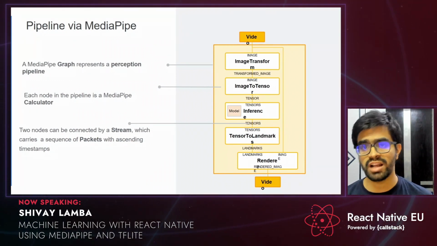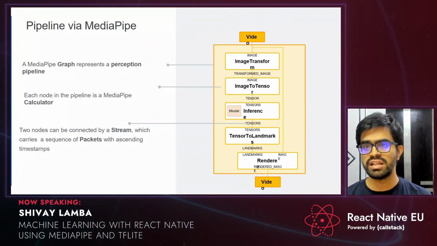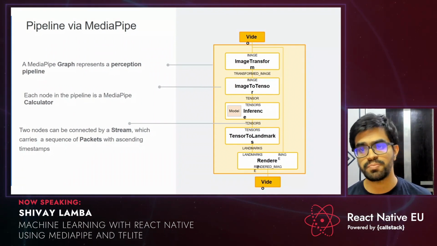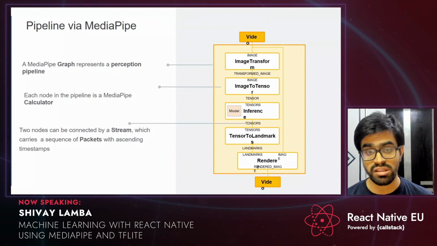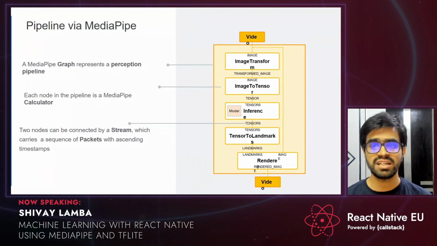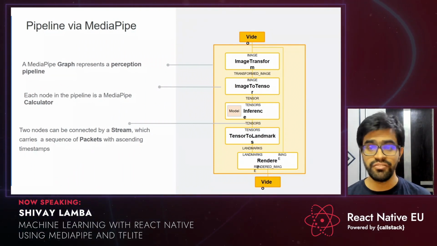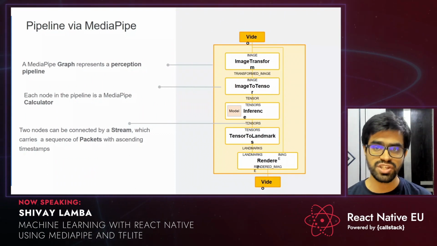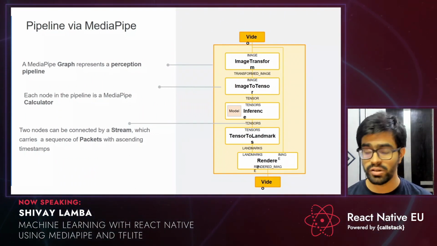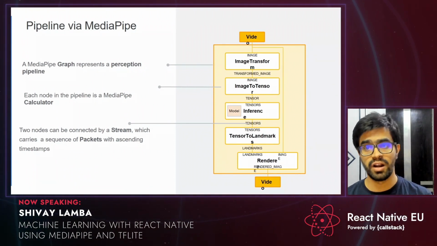And when we're talking about MediaPipe, if we go a bit deeper into how MediaPipe actually works, you might have heard about graph data structures, right? It's really common. It represents various types of edges, vertices, and the flow of information takes place through different edges and vertices. Similarly, in MediaPipe, we have the MediaPipe graph that lays down the path of how the information about the input and the relevant output is flowing through that graph.